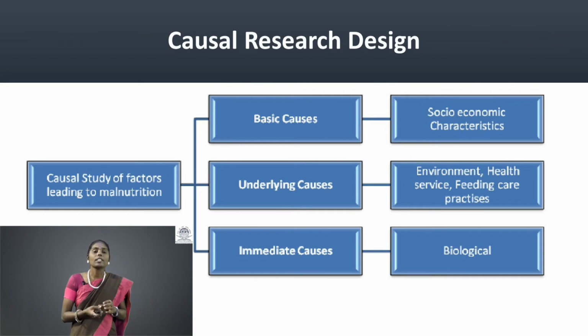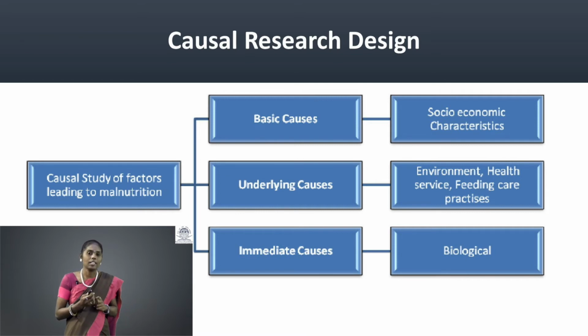So now the causal research design. As we have also seen, it is a study of cause and effect. So let us see this in a little bit of detail. Let's say we wanted to do a causal study of factors leading to malnutrition of children in villages, right.